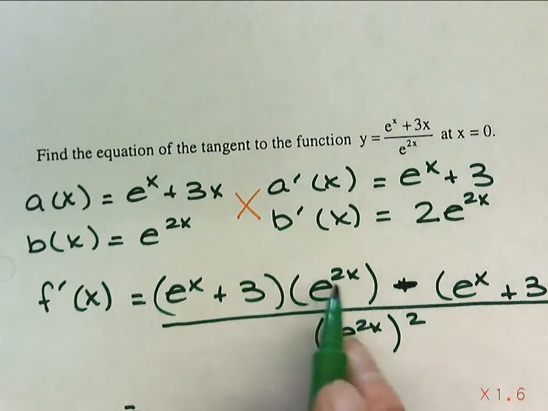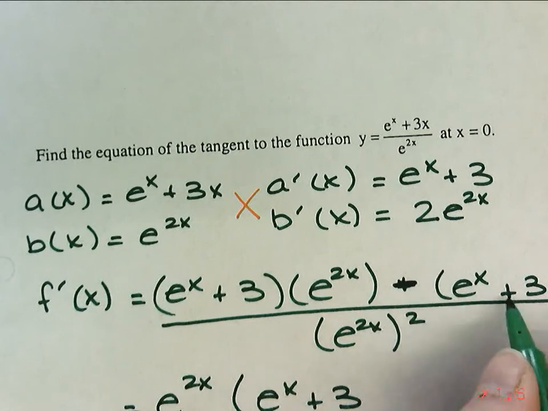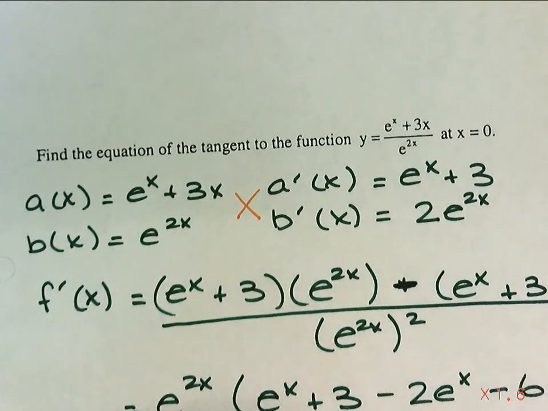From each of these terms, I can factor out an e to the 2x. In the first term, I'm left with e to the x plus 3. From the second term, I'm left with minus 2e to the x minus 6x.